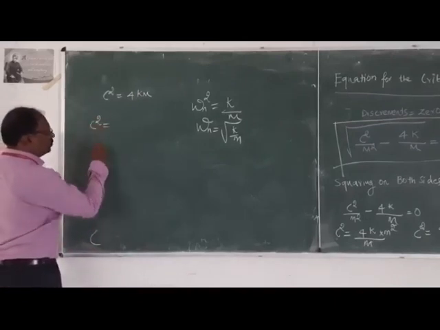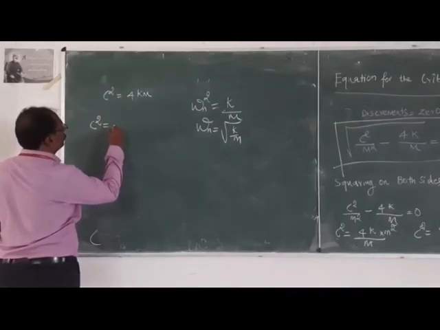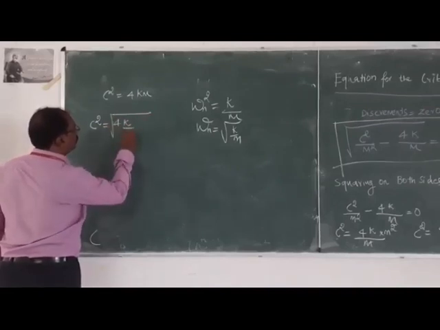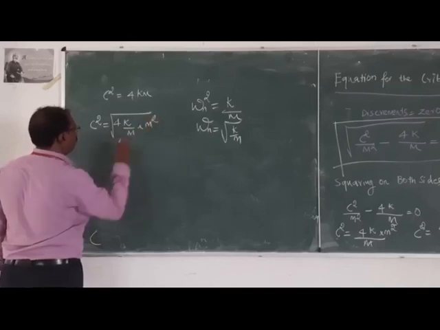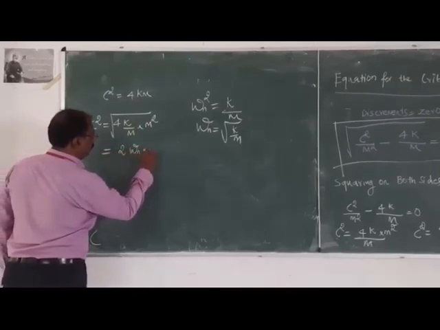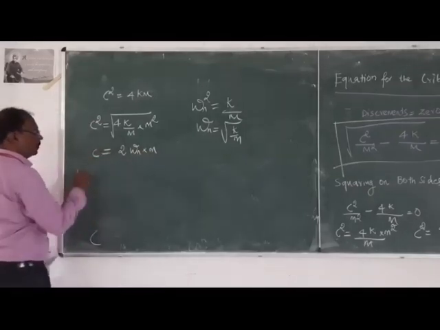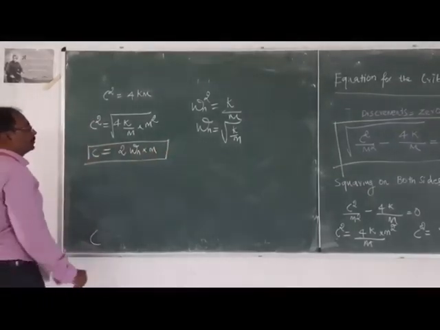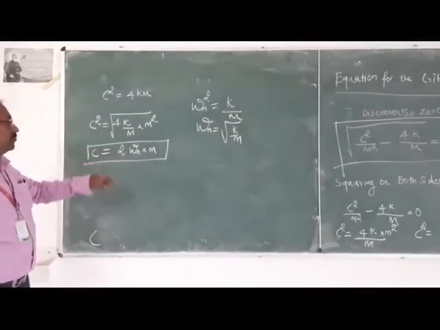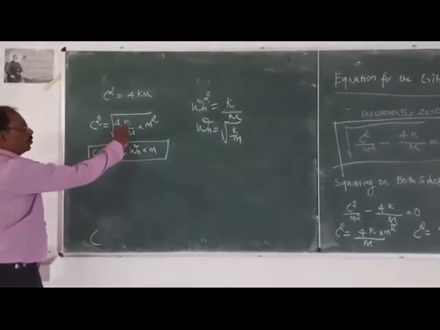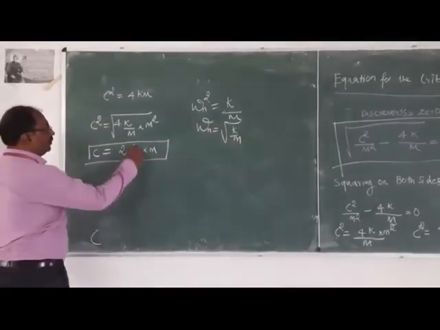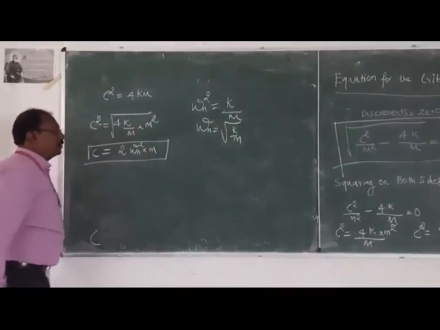If c squared is equal to..., we apply the root directly and get one type of solution, that k by m is the root of this. So here we can put omega n squared.